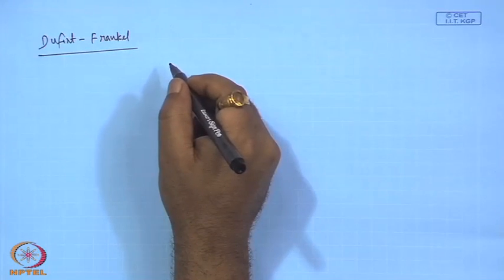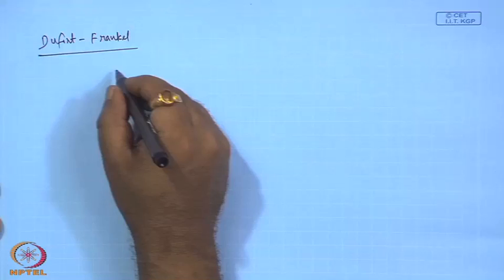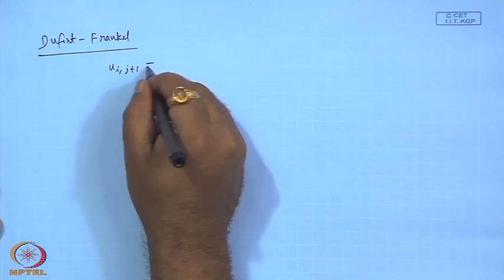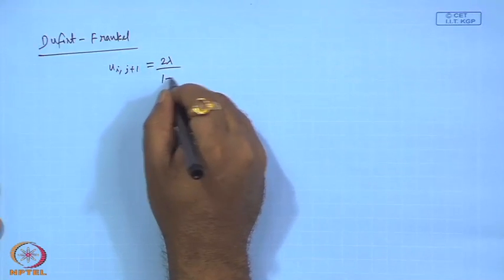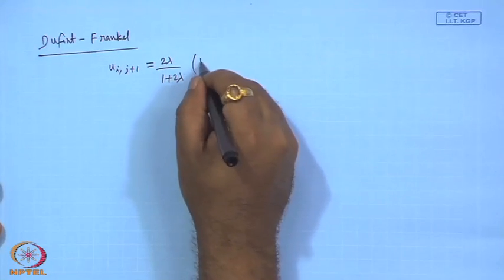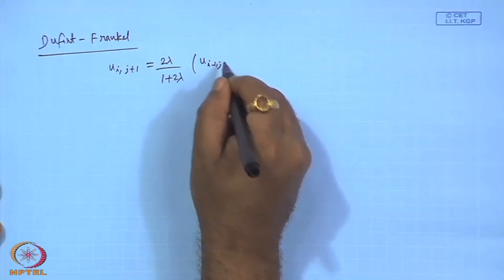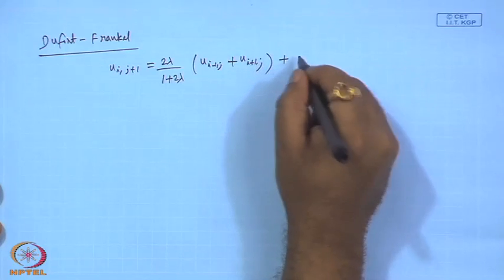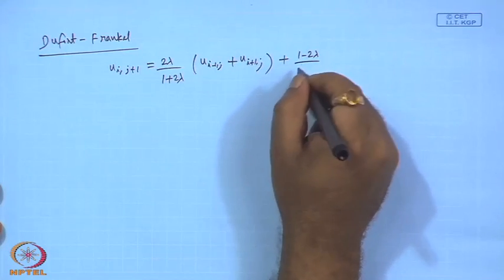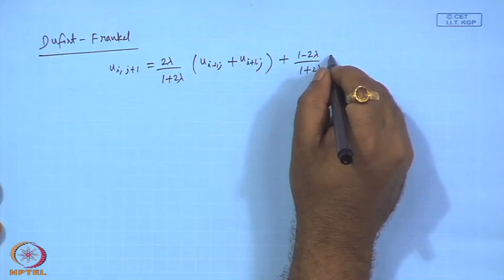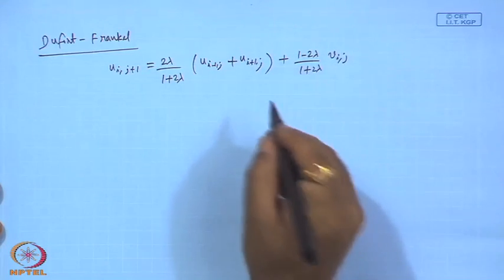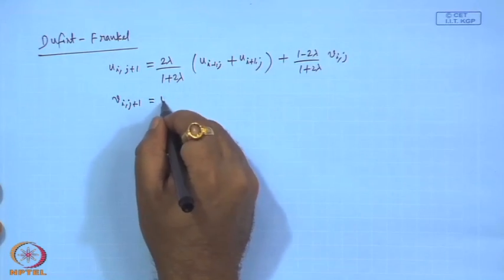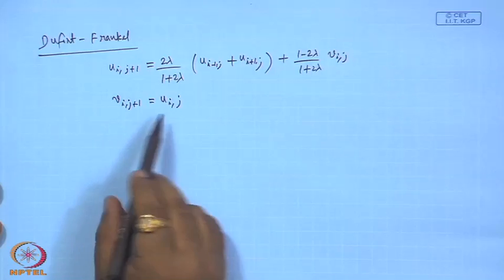So, Dufort-Frankel. Dufort-Frankel is given by, where, so this is also similar to the earlier one.